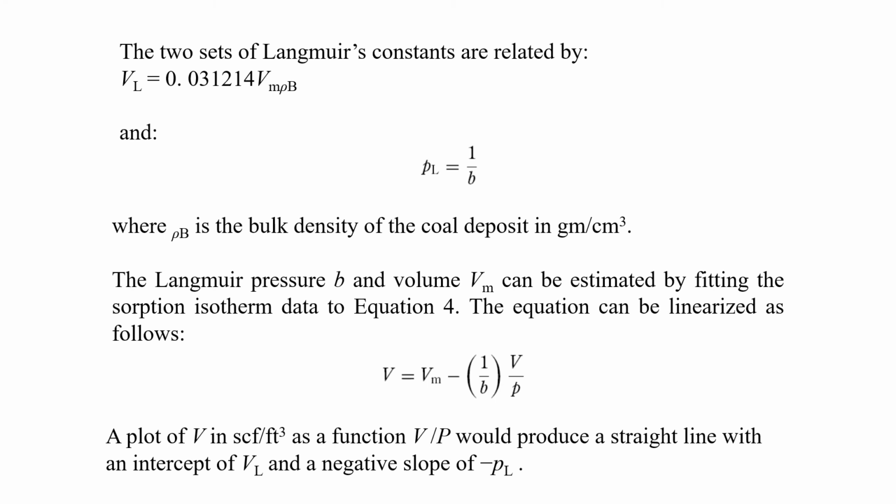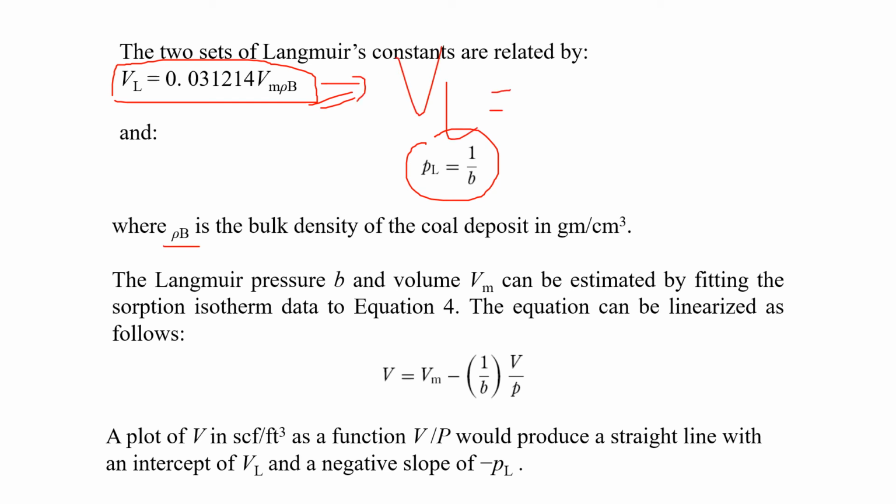So, according to the graph mentioned earlier, the two sets of Langmuir constants are related as VL is equal to 0.031214 Vm rho B. This is actually not needed, it is just there. PL is equal to 1 by B, where rho B is the bulk density of coal. So VL can be written as 0.031214 Vm rho B. The Langmuir pressure B and volume Vm can be estimated by fitting the sorption isotherm to equation 4.